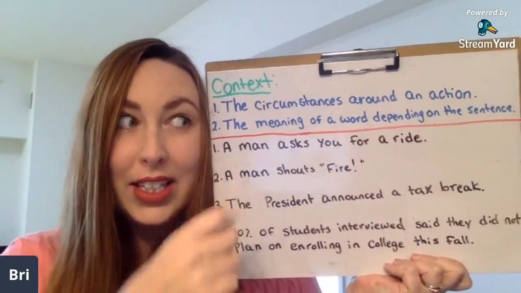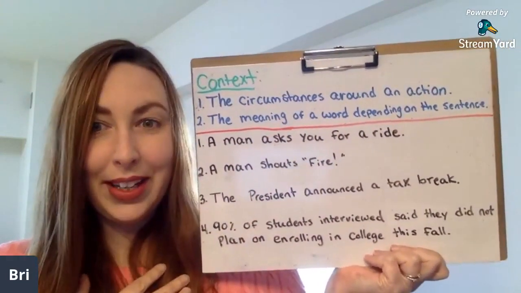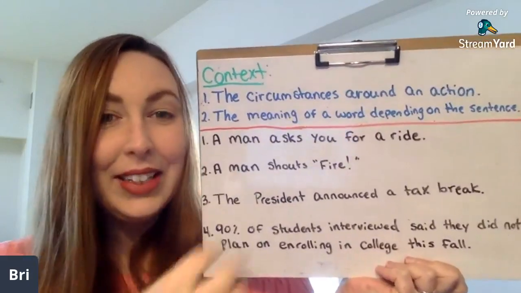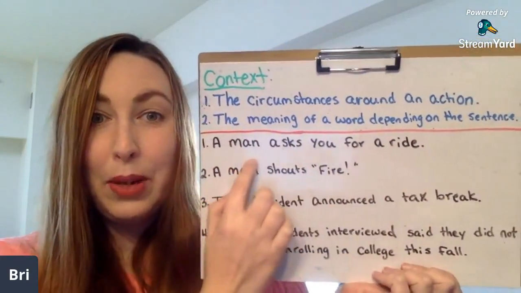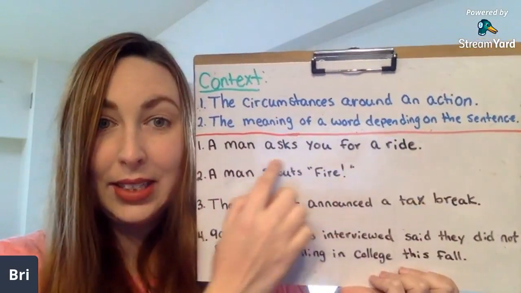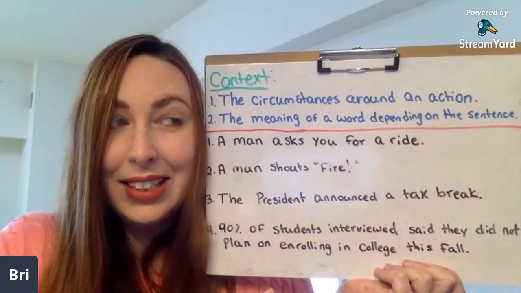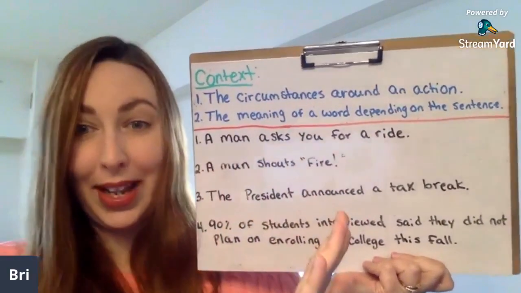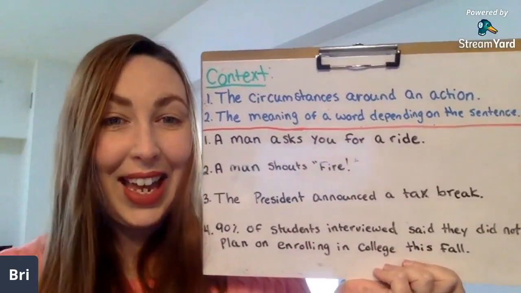Or you saw he just robbed a bank. I don't want to get you in my car. No way. So depending on the context, we would make a decision for this, right? A man asks you for a ride. So depending on the context, you let him in or you don't let him in. Okay?